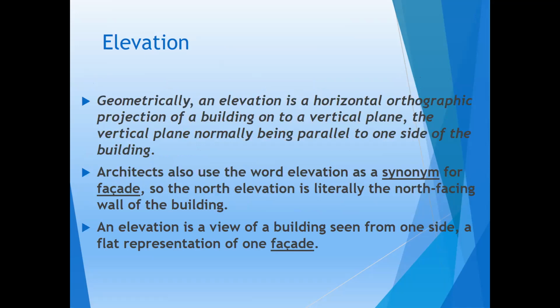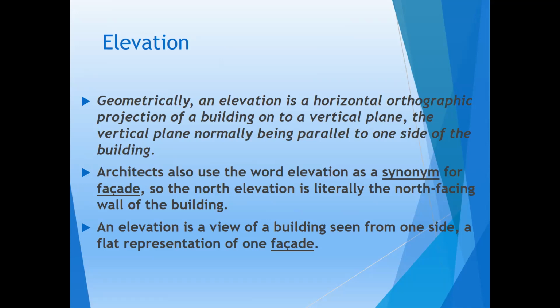Elevation. Geometrically, an elevation is a horizontal orthographic projection of a building on a vertical plane, the vertical plane normally being parallel to one side of the building. Architects also use the word elevation as a synonym for facade.